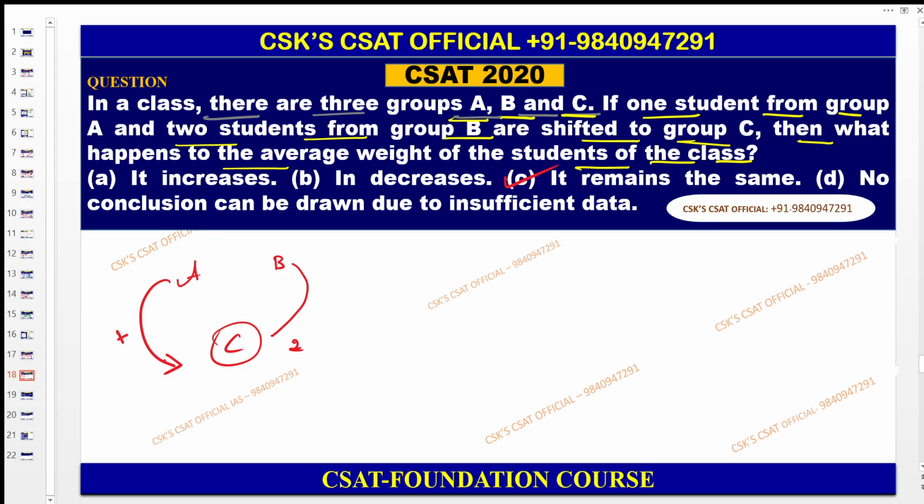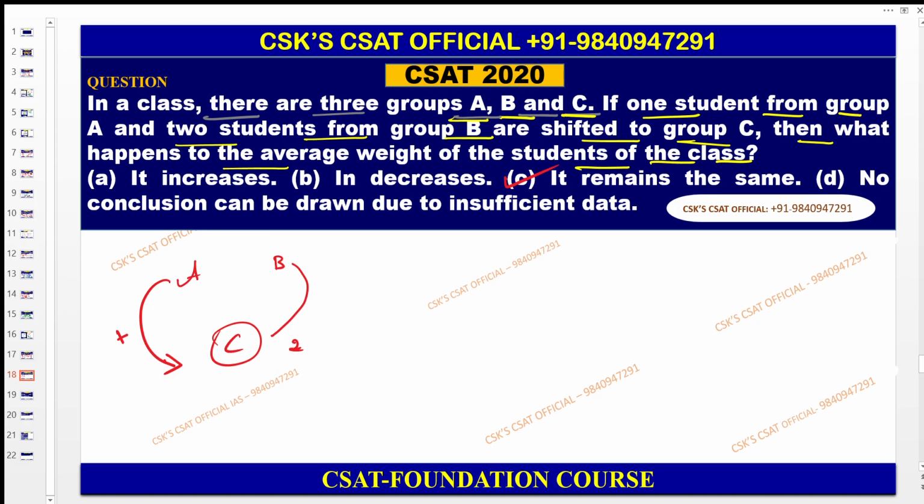Simple logic here. Understood means fine. That logic alone you have to use. Either we take A, B, C as separate groups X, Y, Z, through that method we can also do it. You can use many methods. But the simple thing here is they are not altering any class members. They are not adding anything new to that class, nor removing any student from that class.